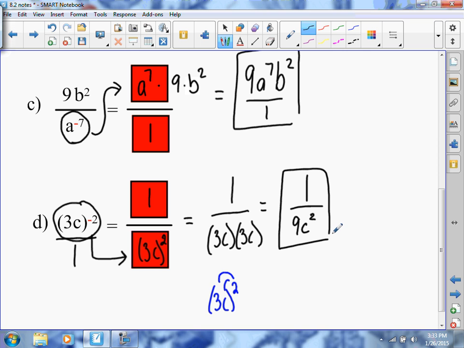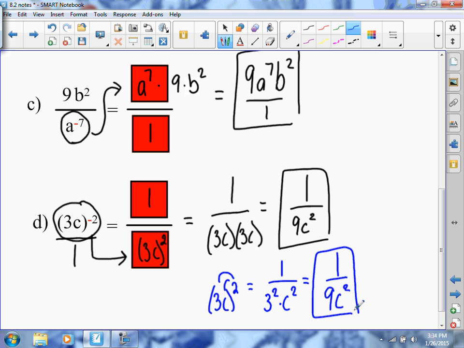So you get 1 over 9c squared. And even if you distribute, you'd still have 1 over 3 squared times c squared. And then that 3 squared is 9. And then you leave the c squared. So either way you want to think about how to simplify that expression, you're going to get the same correct answer.